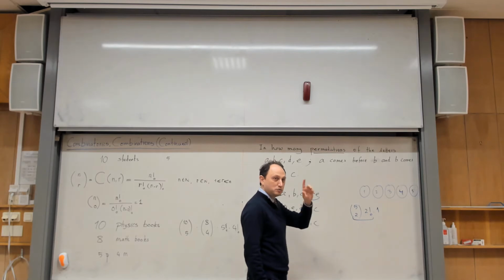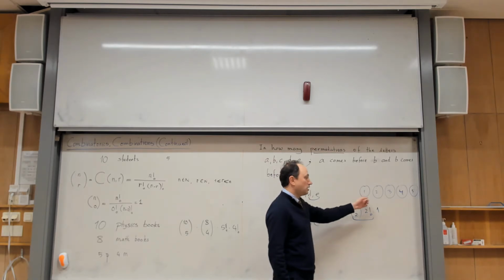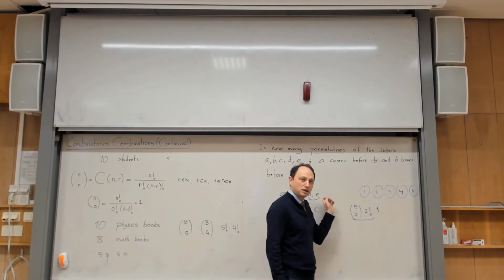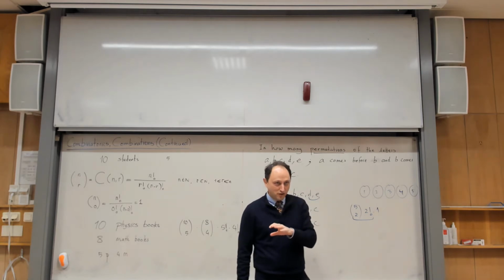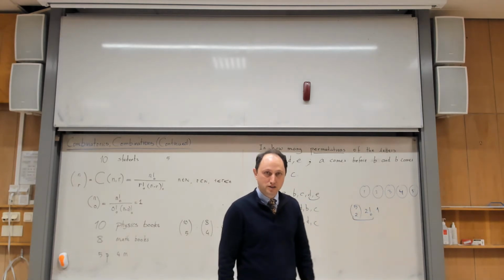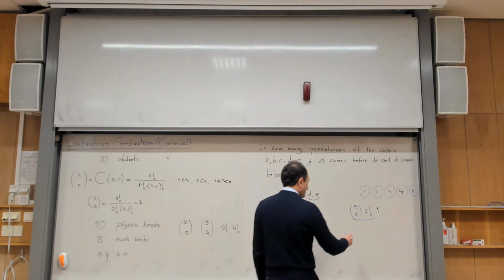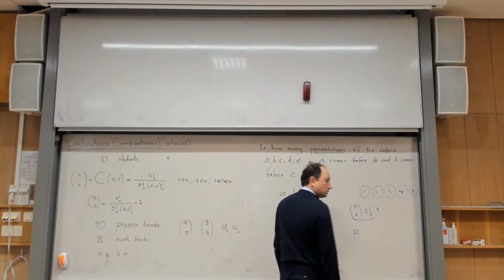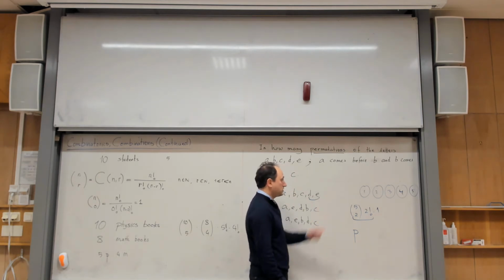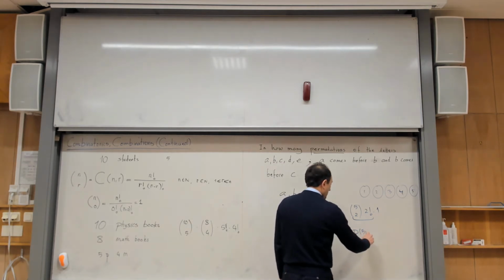I have 5. Do you remember I told you it doesn't matter if the number of locations is larger than the number of items, or the number of items is larger than the number of locations. Both of them. If the order matters for you, you can use which formula? P. Yes? How many locations are there? 5. How many do I need? 2.